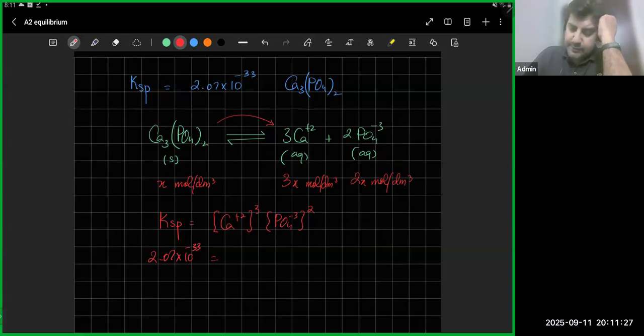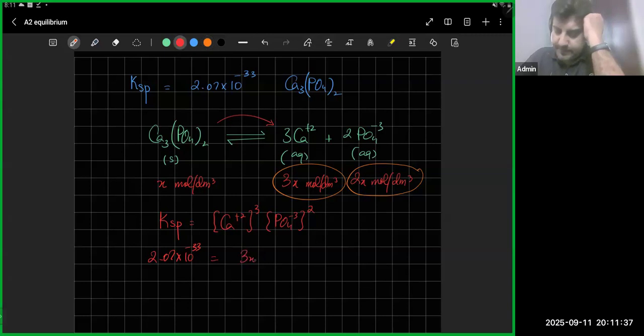Now the calcium ion concentration is known, that's 3x, and the phosphate ion concentration is also known, that's 2x. So I'm going to plug those in. It's going to be 3x, cubed, and 2x, squared, because the concentrations were 3x and 2x.